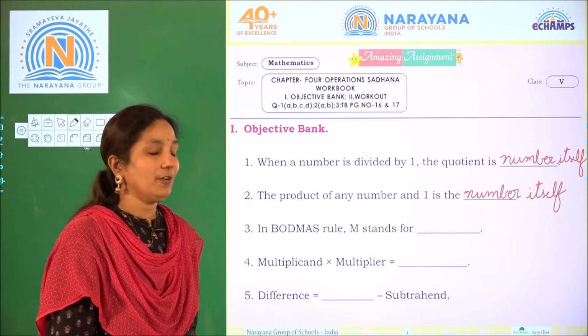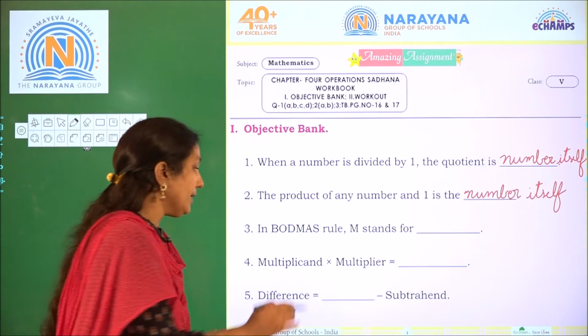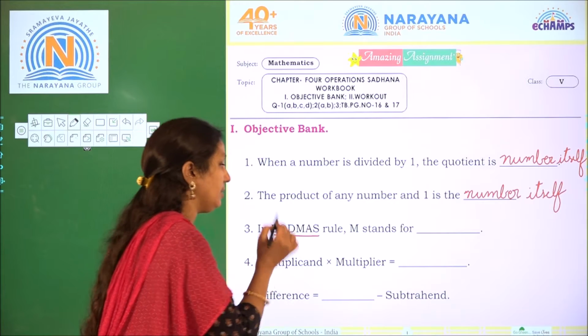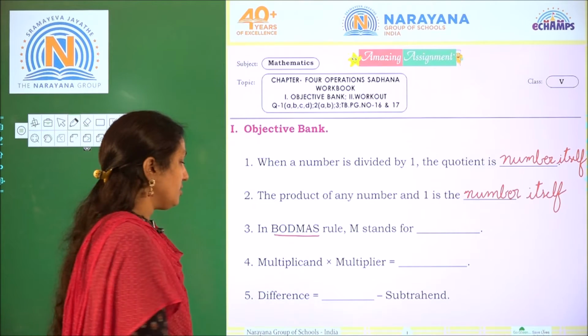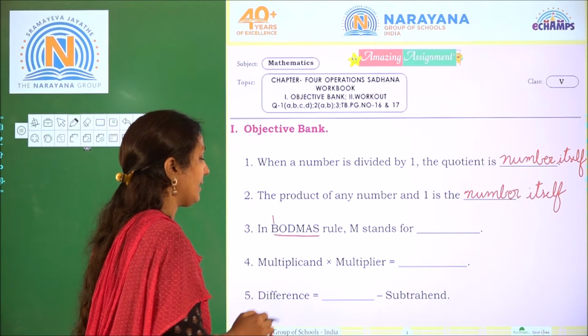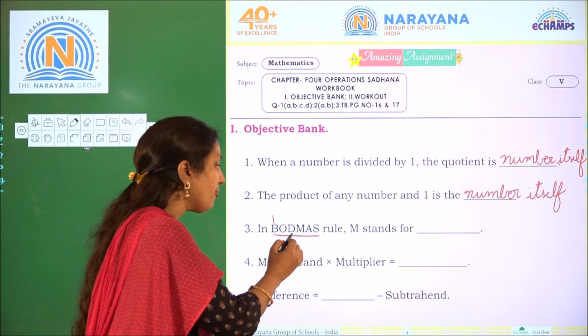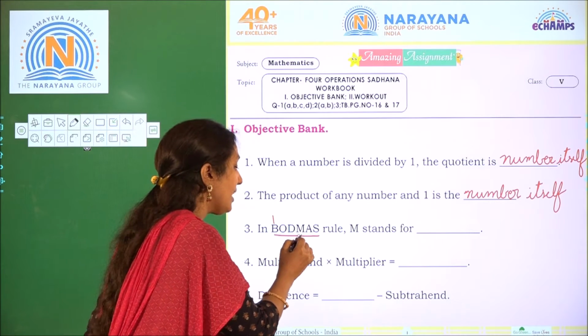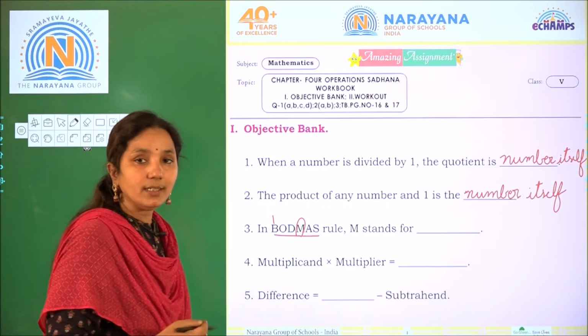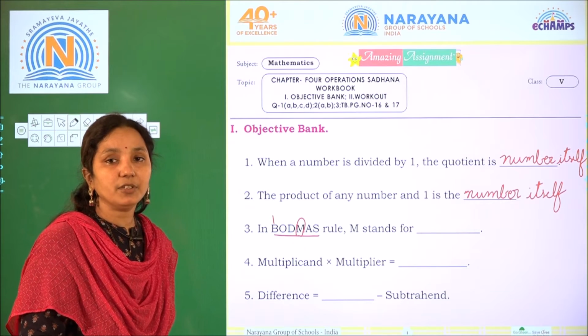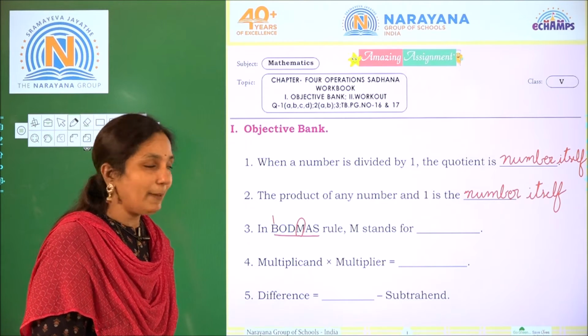Coming to next one. In BODMAS rule, M stands for... You know that B is for brackets, O for of, D for division. So what is the M? That is multiplication.